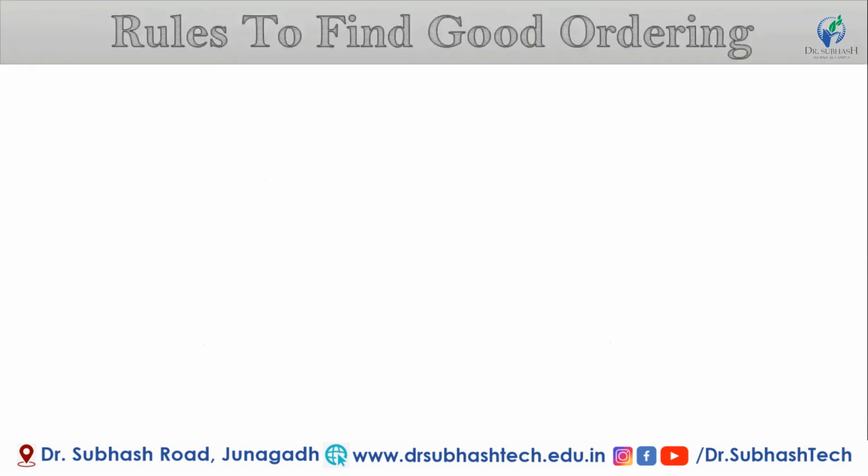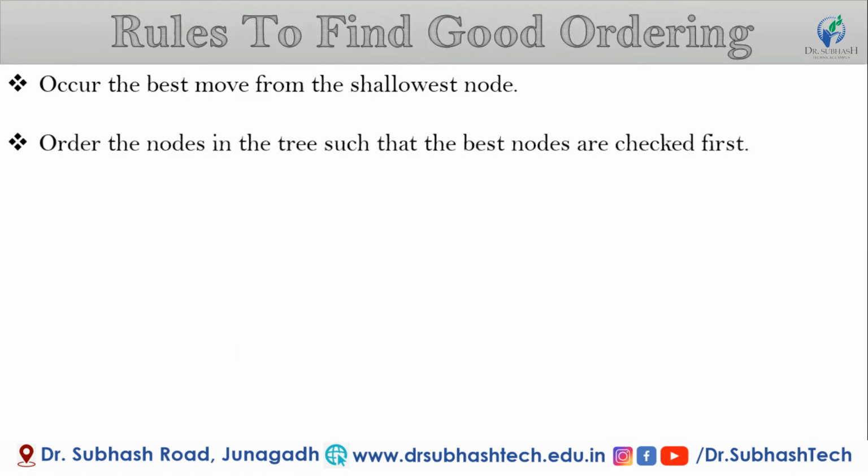Now we will see the rules to find good ordering. Here we discuss some rules to find good ordering in alpha beta pruning. First, try the best move from the shallowest node. Next, order the nodes in the tree such that the best nodes are checked first.